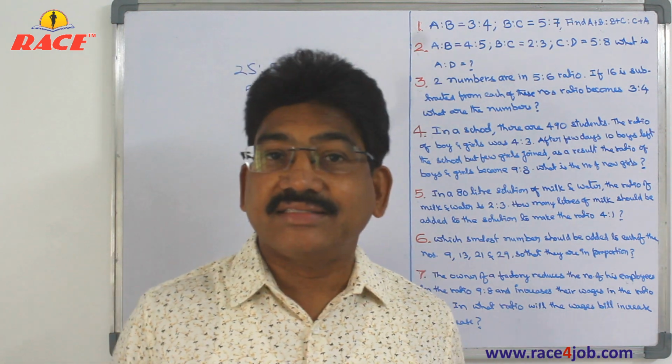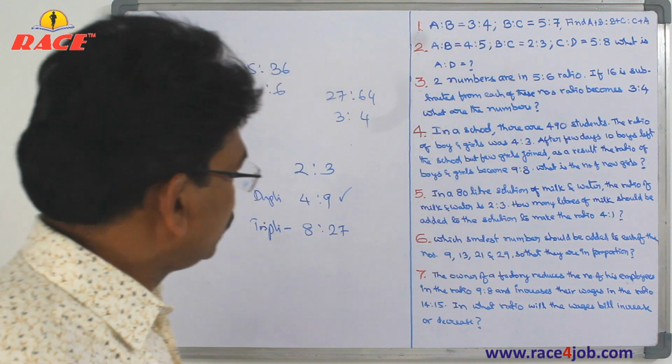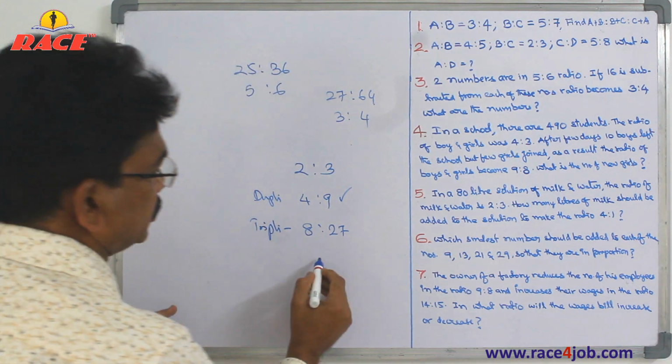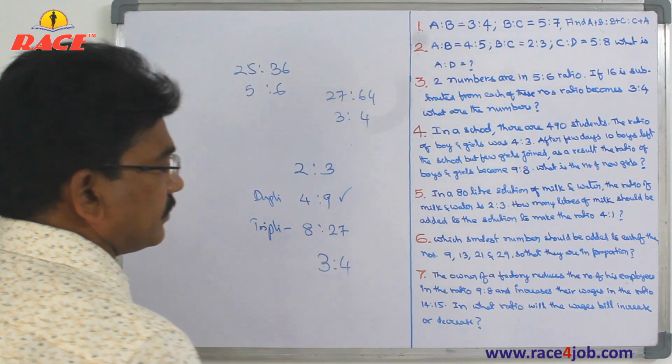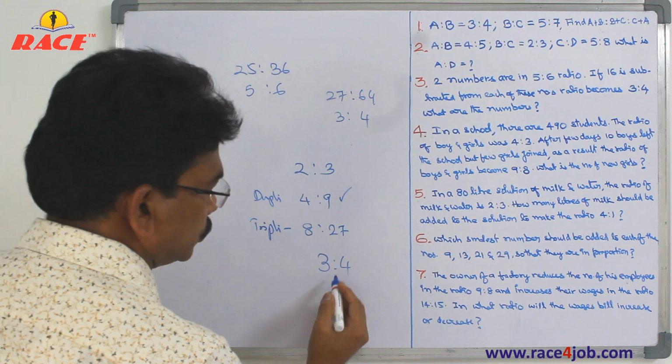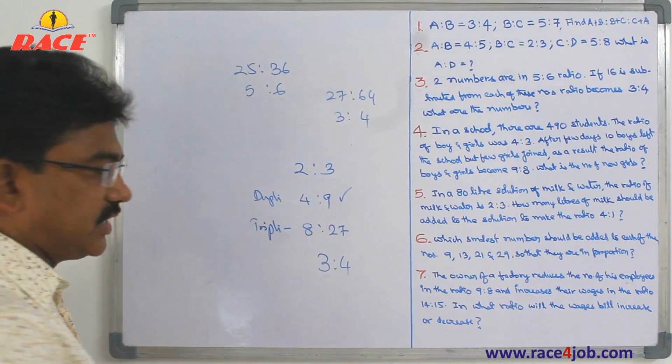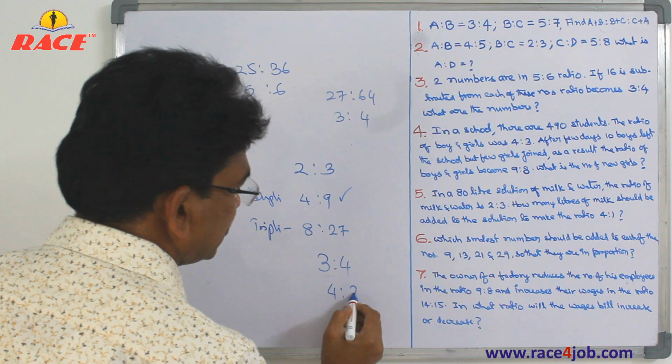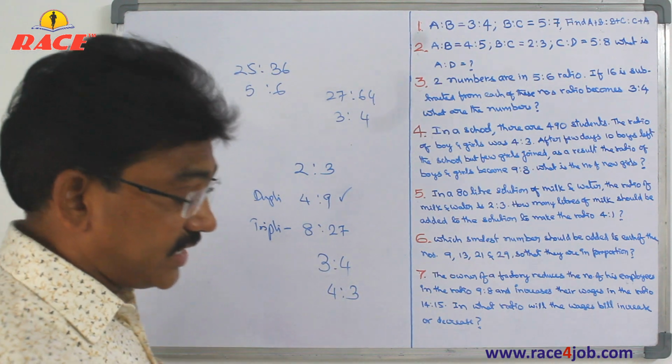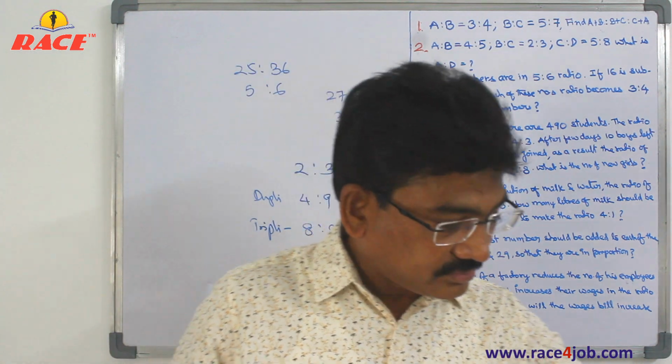Another thing is inverse ratio. Inverse ratio means, for example, 3:4 is the ratio. Interchanging the two terms, 4:3 is the inverse ratio. Here one important thing I'll tell you.